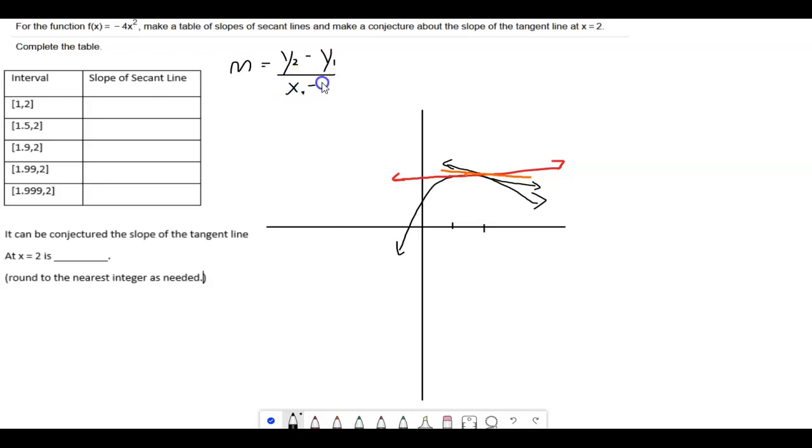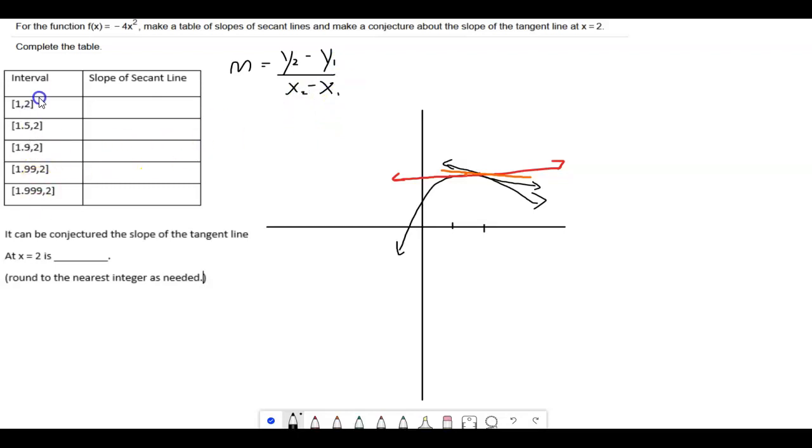If you just have 2 points, you take the y value from the second point minus the y value from the first point, all divided by the x value from the second point minus the x value from the first point.